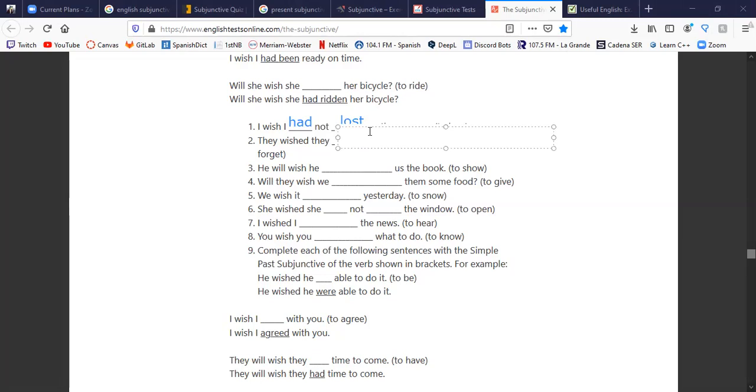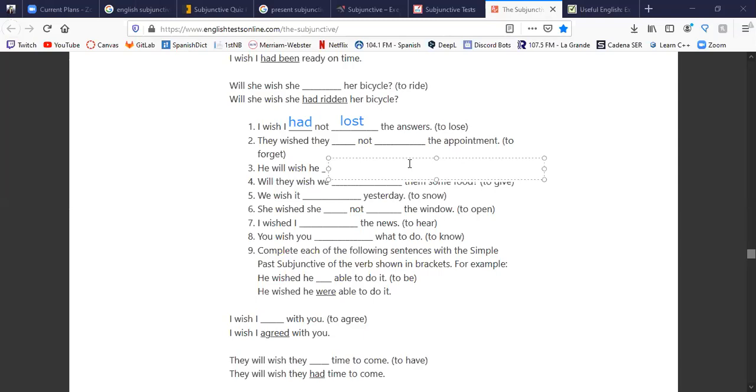Okay, Vlad, what's the next one? They wish they had... Oh wait, it's second. So, "they wish they blank not blank the appointment." They wish they had not forgotten.